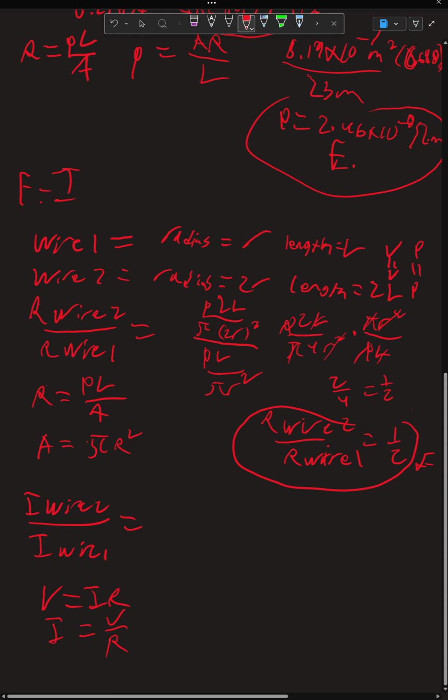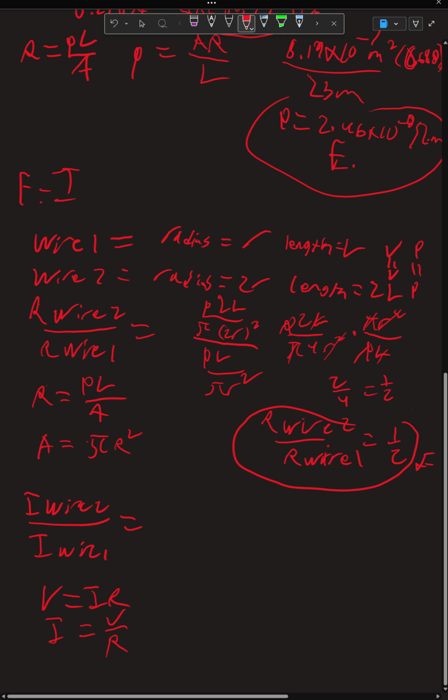So V equals V, P equals P, same wire, and the potential difference is also the same. That's why I'm doing this. So I equals volts over R, and the volts are the same.